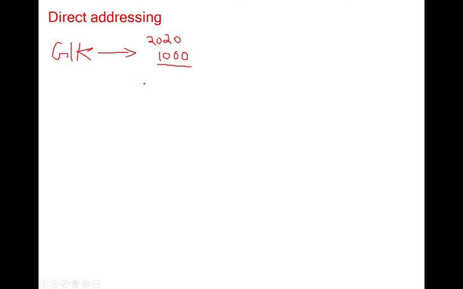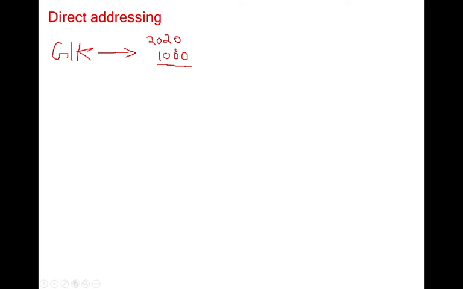And the university wants to keep a record of these 1000 students in some data structure, so that if you want to insert the record of a student, delete the record of the student, update the record of the student, or search the record of the student, all the operations should take order of one time, right?